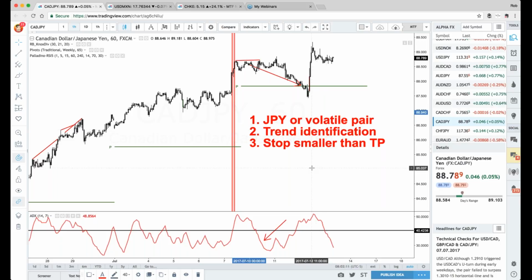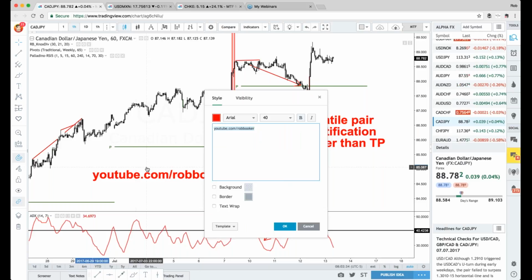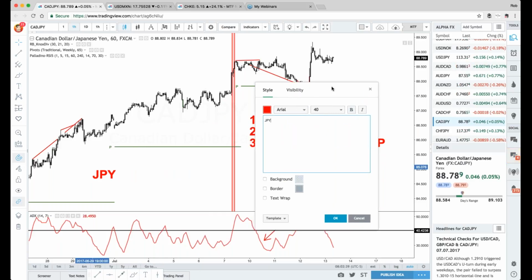The first thing that you need before you trade this robot is a trend currency pair. You need some kind of currency pair that's going to move, that's going to be volatile, that is not going to just stay in one place. You don't want to trade this on a currency pair without some kind of significant trending ability. Those currency pairs include, but are not limited to, anything that includes the Japanese yen, for example.